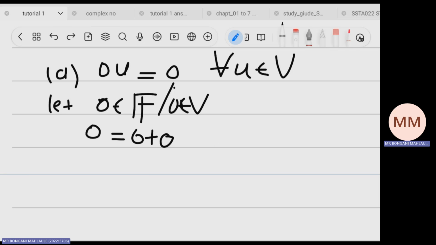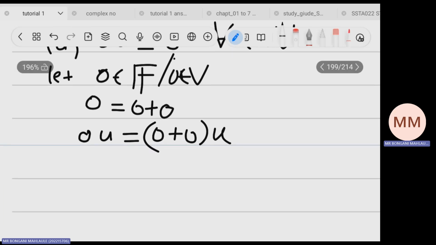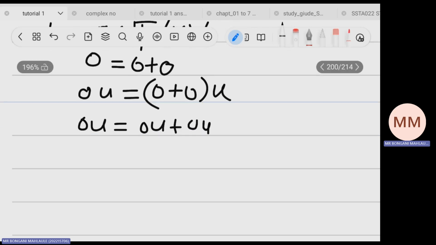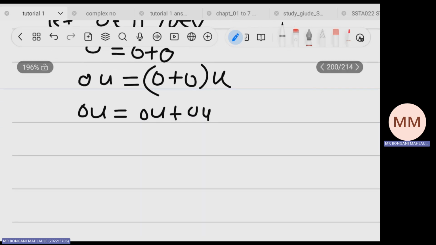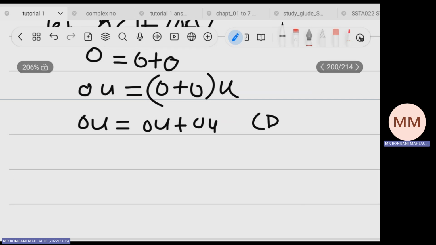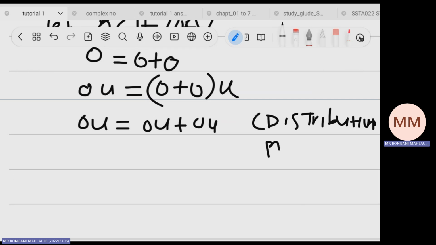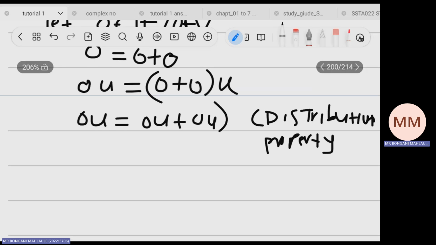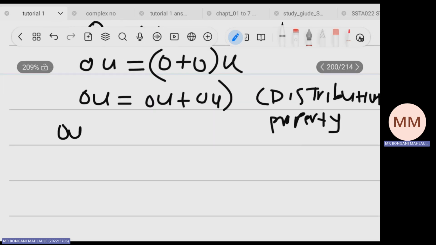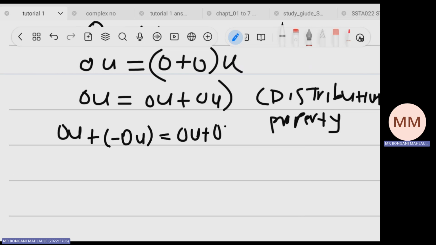Then if I multiply both sides by u, this will be 0u plus 0u, by the distribution property. Now we're going to add negative 0u to both sides.